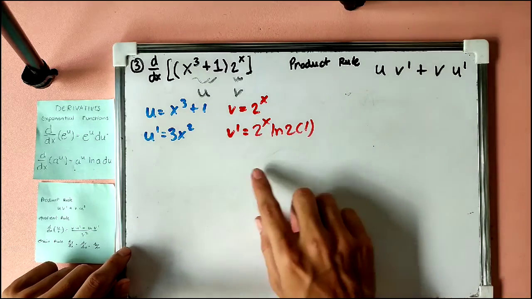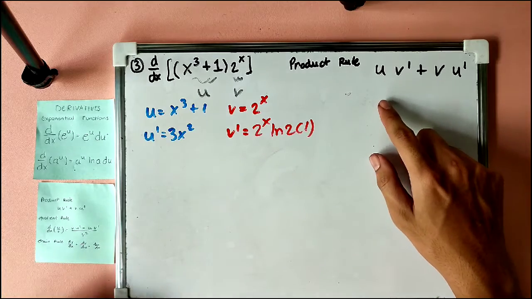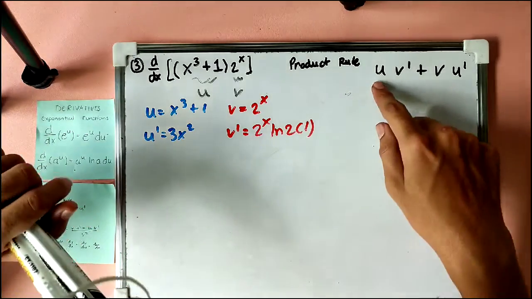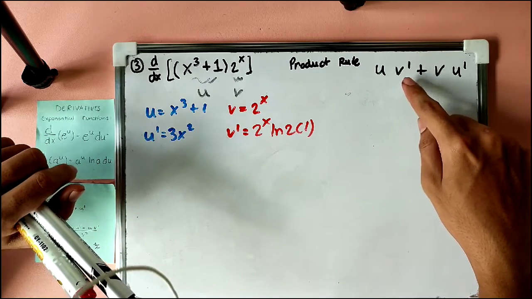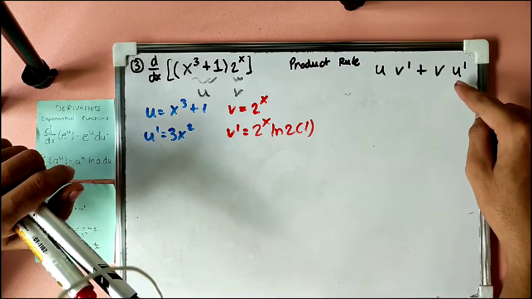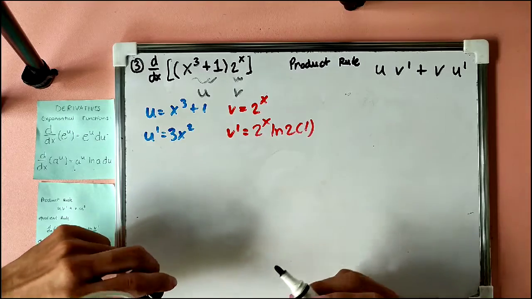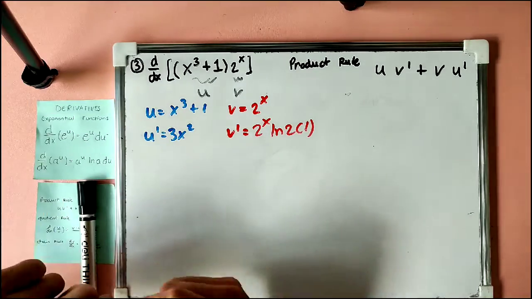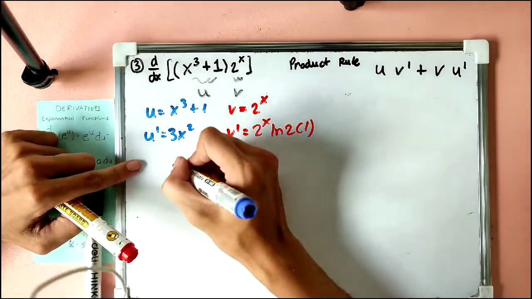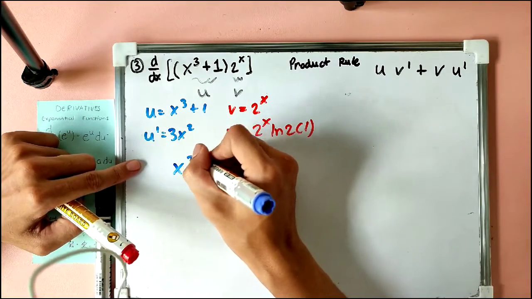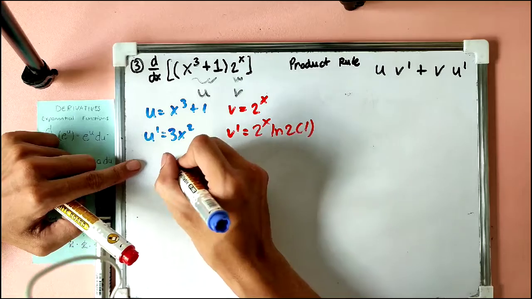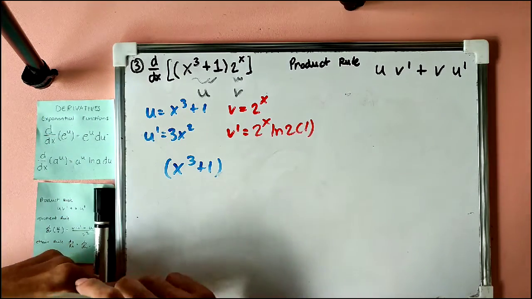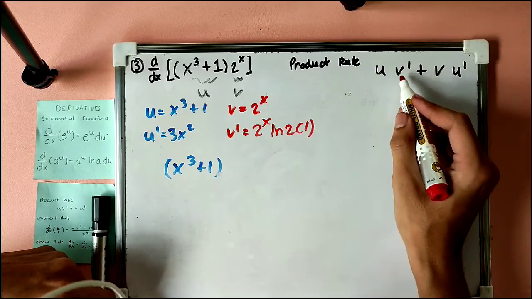So, again, kompleto na tayo para ma-substitute natin sa product rule. Again, ang product rule natin ay u times v prime plus v times u prime. So, ang u natin ay x cubed plus 1 then times sa v prime.